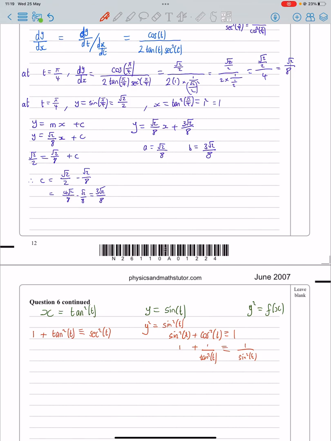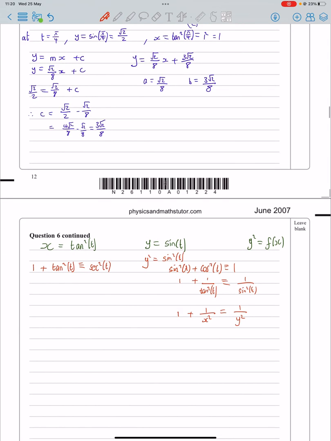So we have 1 plus 1 over x squared, because x was equal to tan squared t, is equal to 1 over y squared, because y squared was equal to sine squared t. Well, that's good. Okay, so this actually helps. And it just said in the form y squared equals f of x.